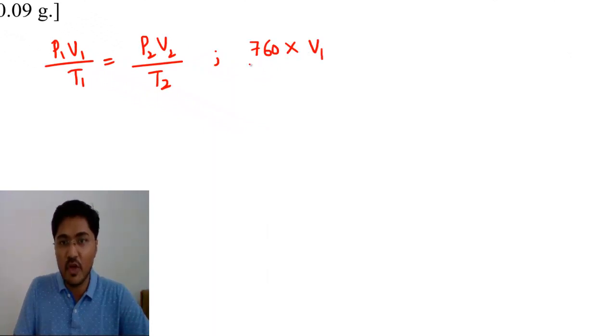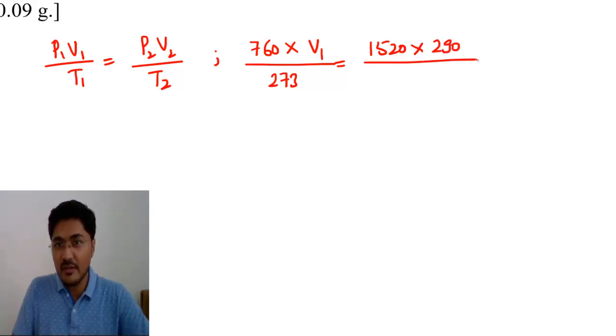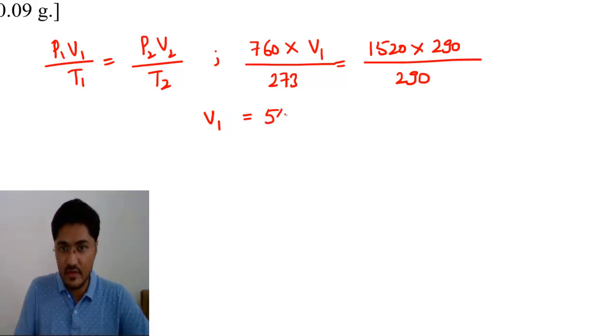We don't know the volume, and the temperature at s.t.p is 273 Kelvin, which will be equal to pressure given 1520 into volume given 290 divided by 17 degrees Celsius, that will be 290 Kelvin. When you simplify this, we get volume at s.t.p as 546 ml.